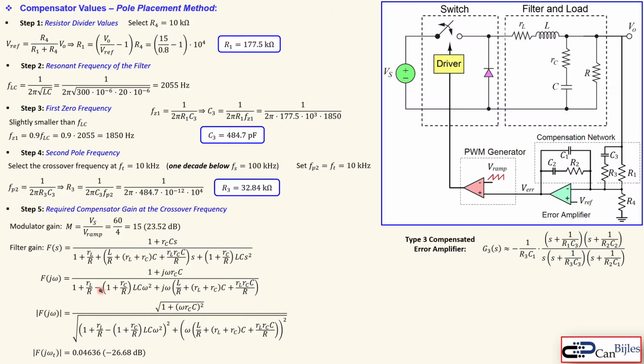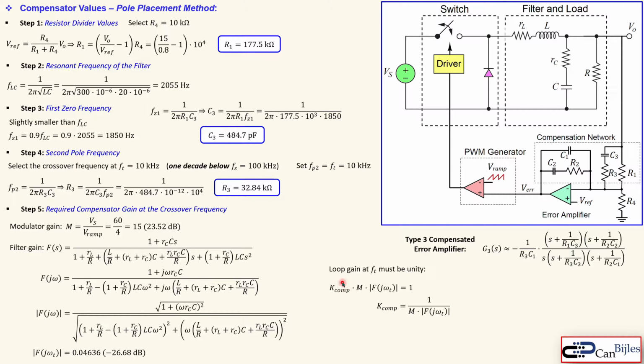Now the loop transfer function or loop gain at that unity gain frequency must be 1, as said before, or 0 dB. So that means we need to see how much we require as a compensator gain to get this 1. Now the compensator gain times the modulator gain times the gain of the filter with a filter and a load at that unity gain frequency must be equal to 0 dB.